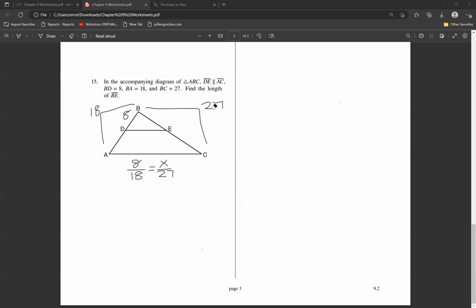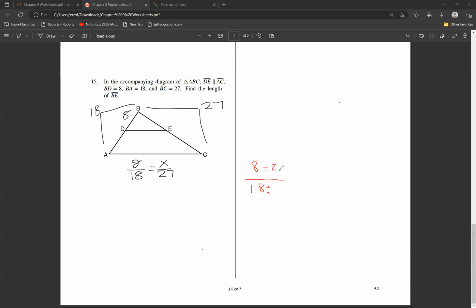Can you reduce 8 over 18? 8 over 18 is the same as what? What's the biggest number that goes into both? 4. 4 doesn't go into 18. Oh no, sorry, that was the top one. 9. Well, 9 doesn't go into 8 though, right?